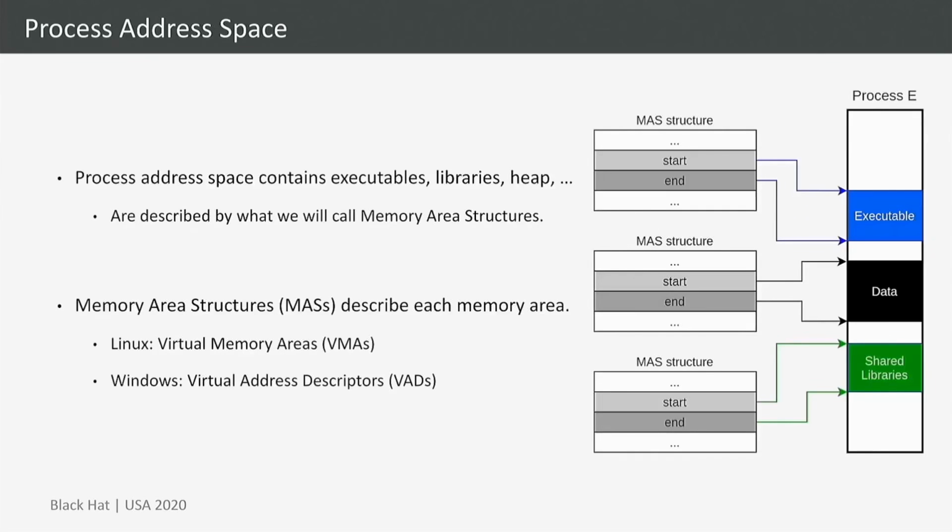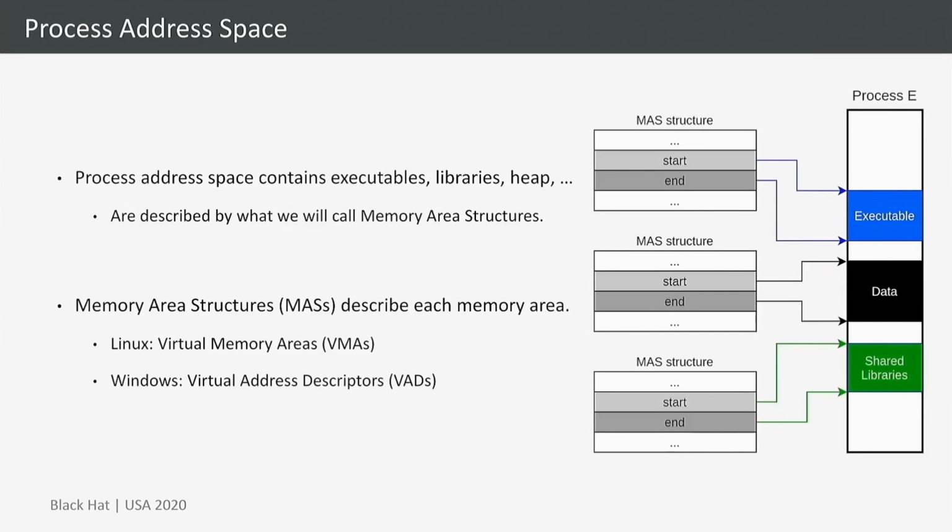Okay, let's talk a little bit about some technical background. So the process address space contains different data: executables, DLLs, shared libraries, or heap, stack data, whatsoever. And all those memory areas are described by what we will call in this context memory area structures, so MAS structures. On Windows, those are virtual address descriptors.